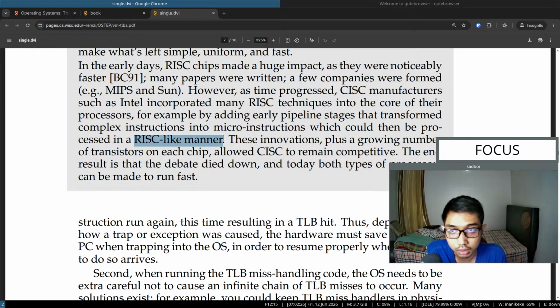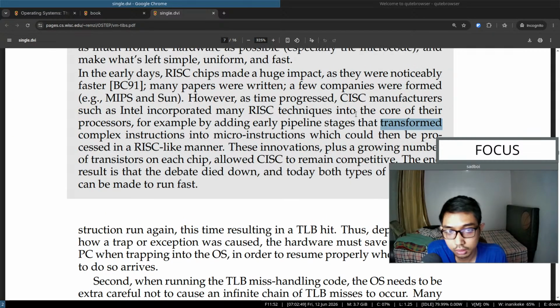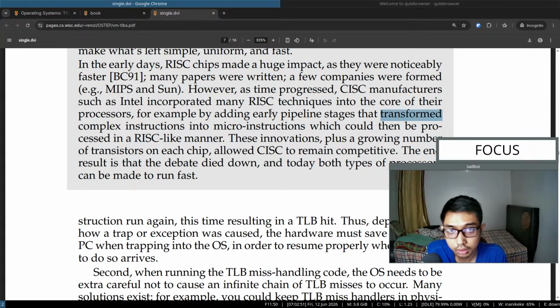Now I'm kind of curious, what is the cause of this transformation from complex instruction into micro-instruction? I mean, if the cost is small, then yeah, this might be a good thing.